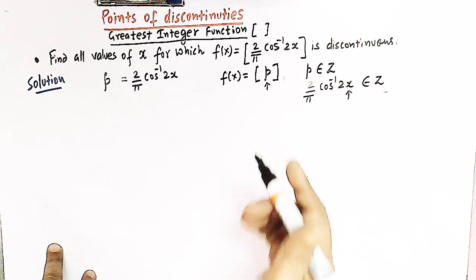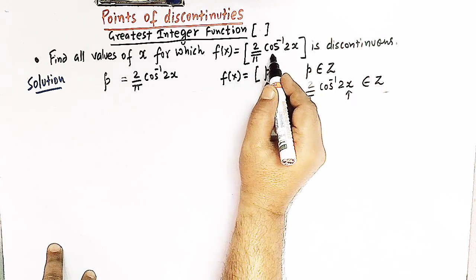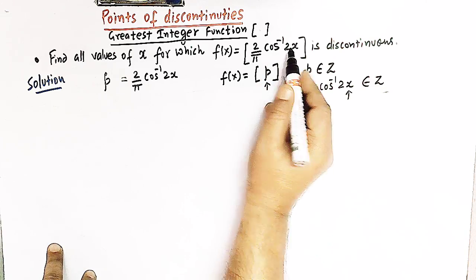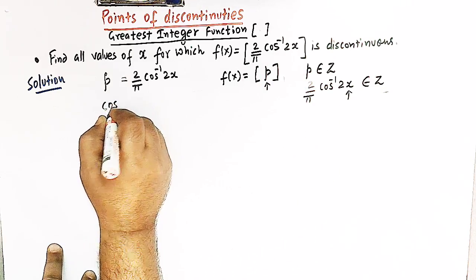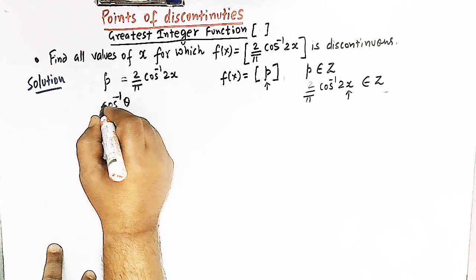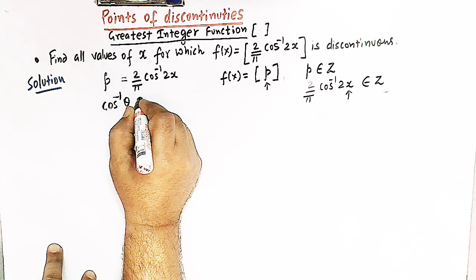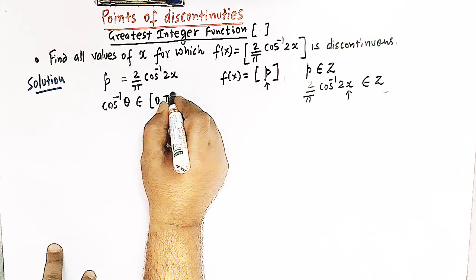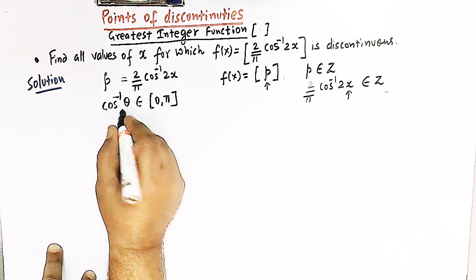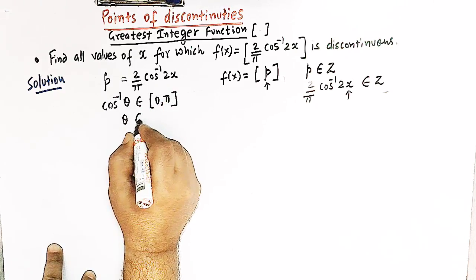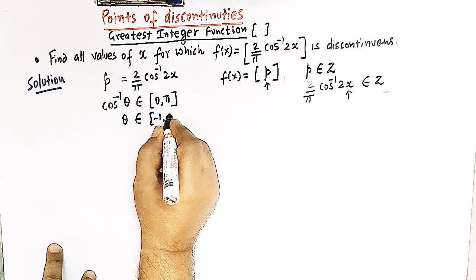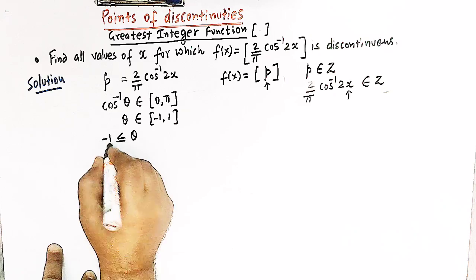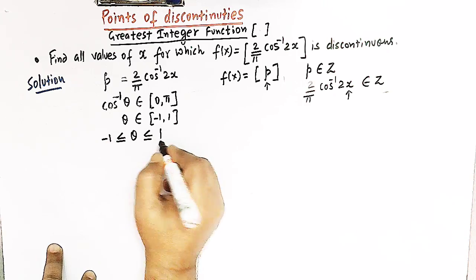So here let us apply the concept of principal value branch of cos inverse 2x. Now we know that cos inverse theta belongs to the closed interval 0 to pi for all values of theta belonging to minus 1 to 1, that is theta is greater than or equal to minus 1 but less than or equal to 1.